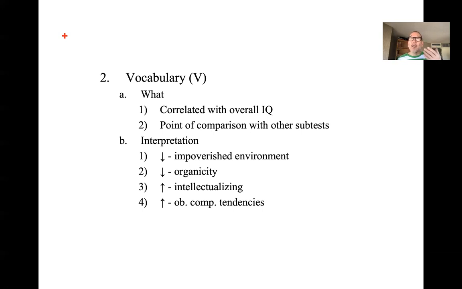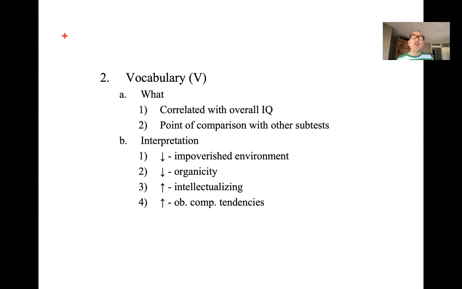It could indicate that they're actually really bright, but they come from an impoverished environment. Let's just say they came from multiple foster care homes and they were constantly dropping out of school because of problems. And because of that, that just interrupted what may be a very bright person's abilities from actually acquiring a good vocabulary or reading comprehension and so on, which would invariably be related to vocabulary.